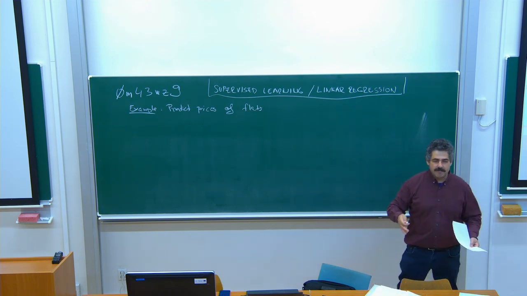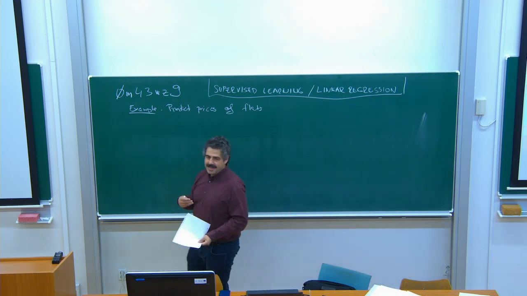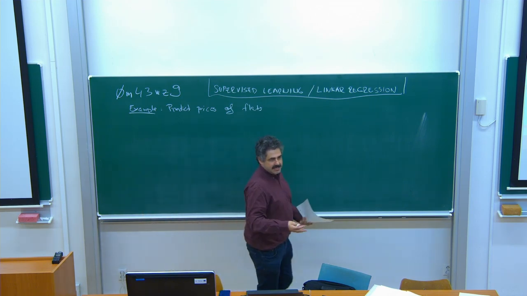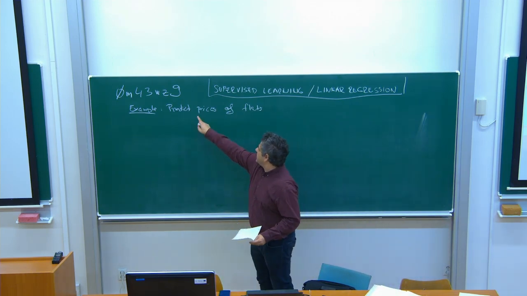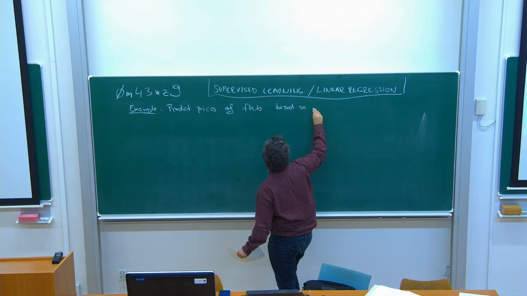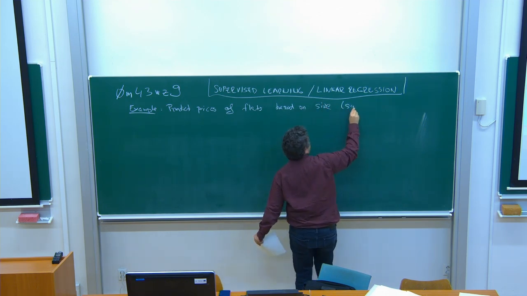How big is the apartment? If you look at any market, the basic parameter that you want to look at is how many square meters the apartment has. Okay? So we want to predict prices of flats based on size, square meters.